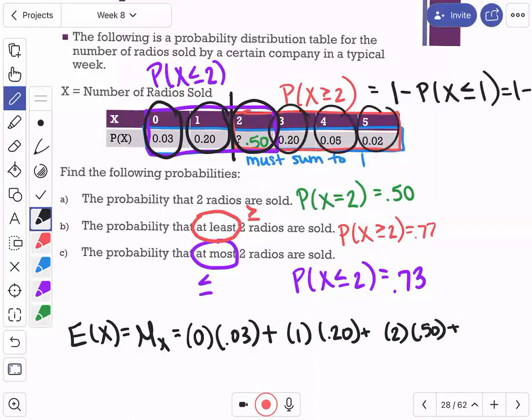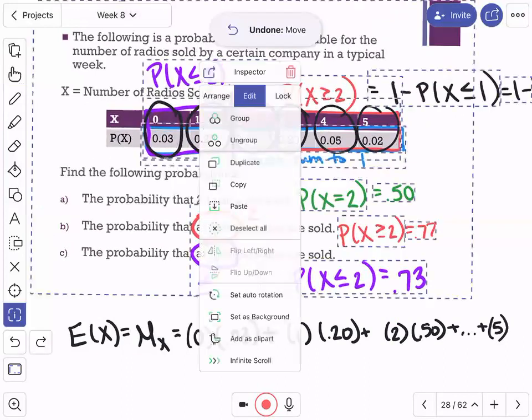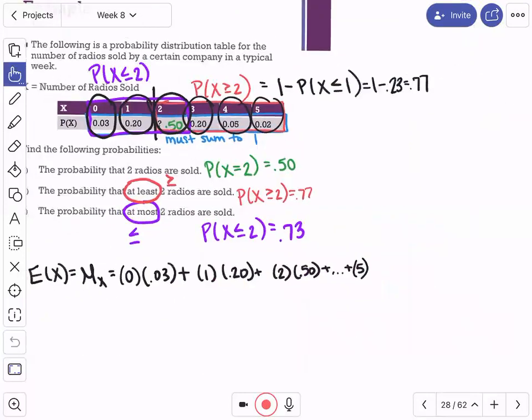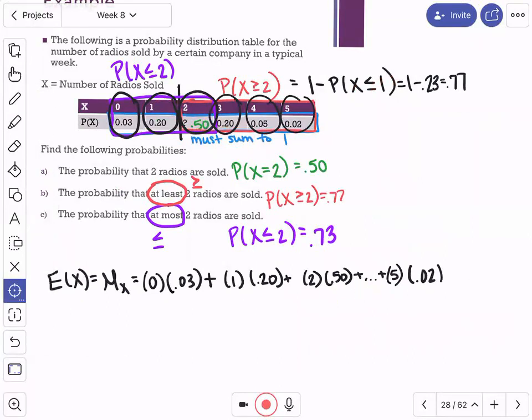I'm not going to write all those out. The last one would be 5 times 0.02. I'm just showing that I'm skipping 3 and 4 in the sequence, but those will be added up too. All we have to do is plug these into a calculator, figure out what they are, and add them all up. We'll get our answer. Everybody understand that?